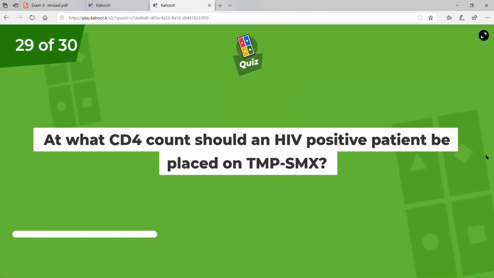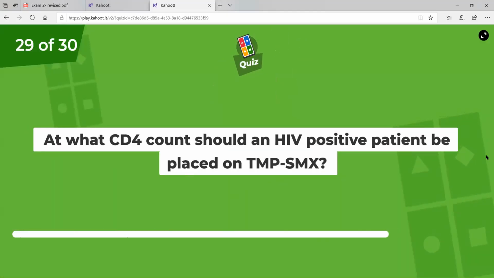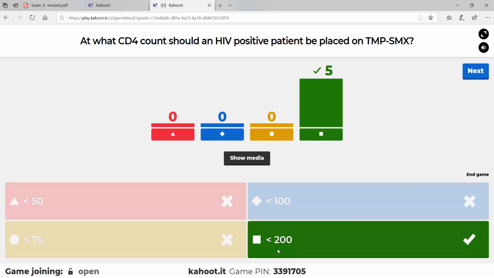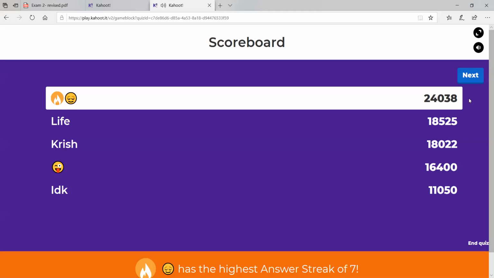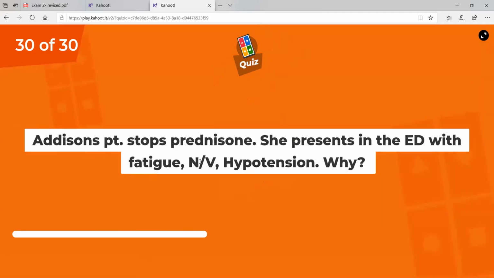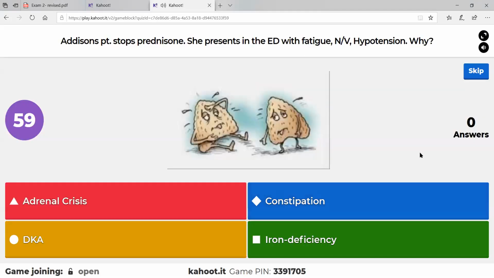All right. At what CD4 count should an HIV positive patient be placed on their medications? Yeah, so if they're less than 200. All right. I think this is the last one. Addison's patient stops prednisone. She presents to the ED with fatigue, nausea, vomiting, and hypotension.